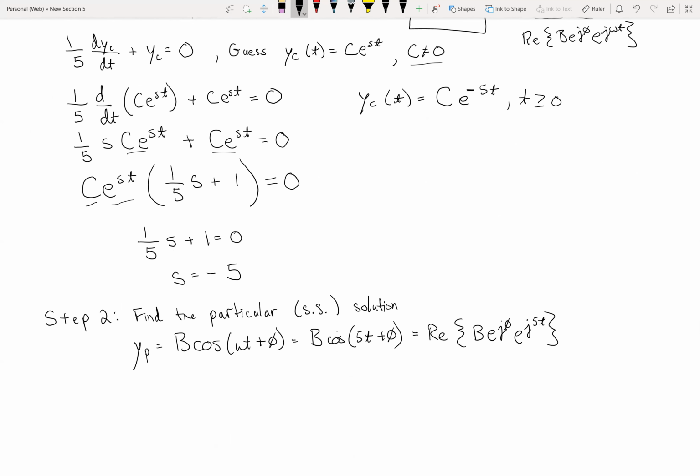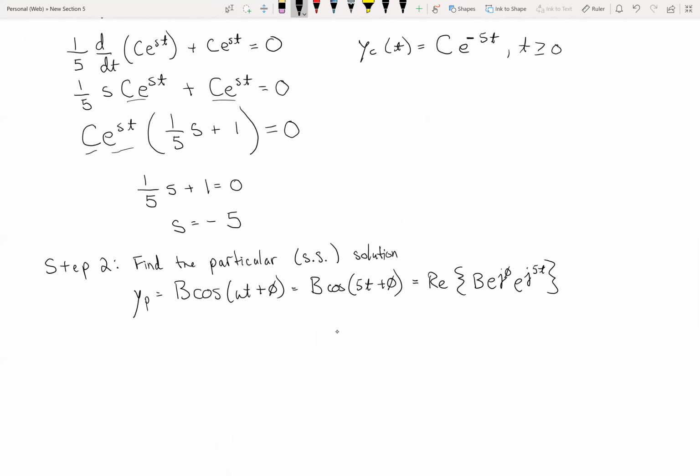So we're going to move over into that dynamic phasor domain. Let me write the original equation: d y p times 1/5 dt plus y p equals cosine 5t. That's in our real world.